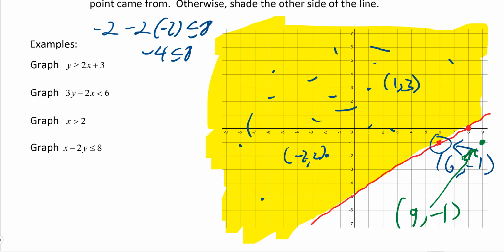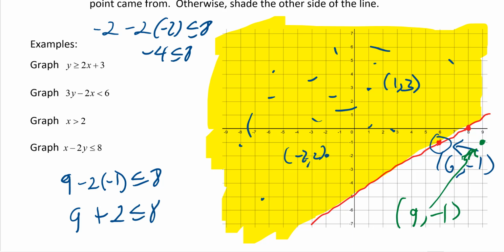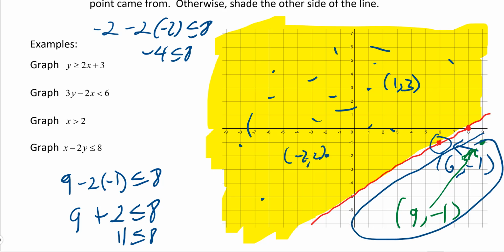So we're going to plug 9 in for x. We're going to plug -1 in for y. And we get 9 plus 2 is less than or equal to 8. We get 11 is less than or equal to 8. And that's false. And it should be false because these are not part of our answer.